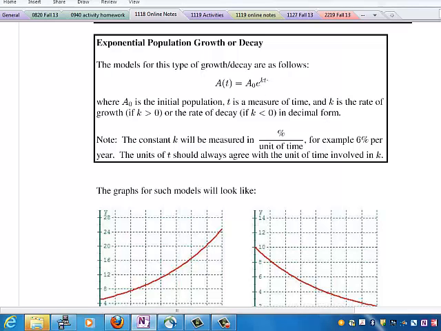T can be in any time units. It could be hours, minutes, seconds, days, months, years, but whatever the label is on t, the label on k should match. So k will be measured in a percent per unit of time. So if t is in hours, k would be percent per hour. If t is in days, k would be percent per day.